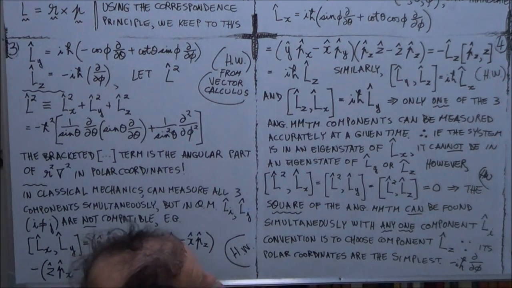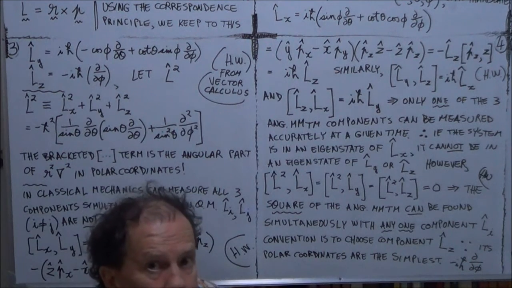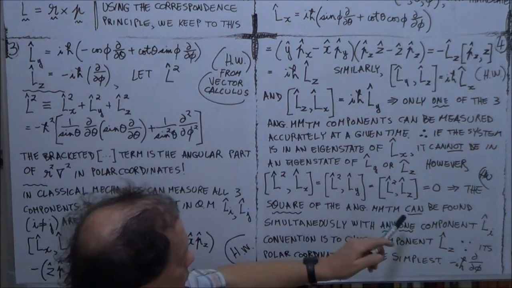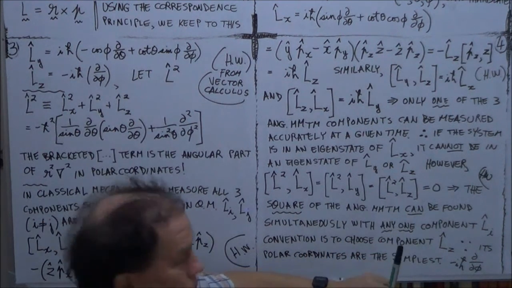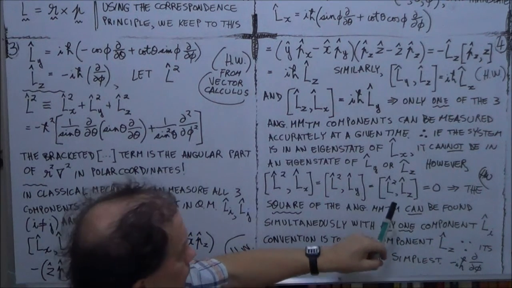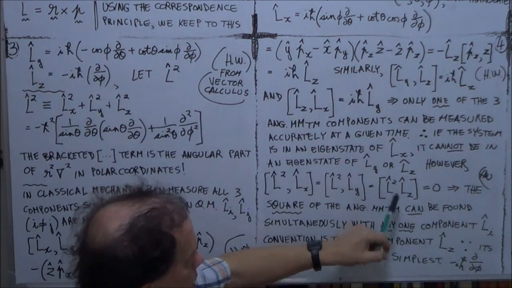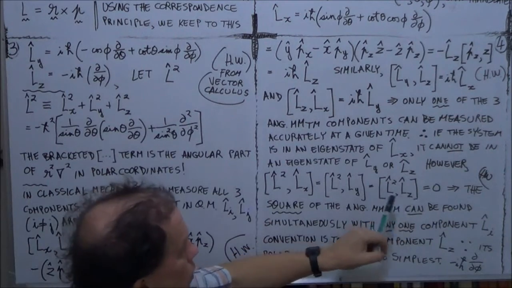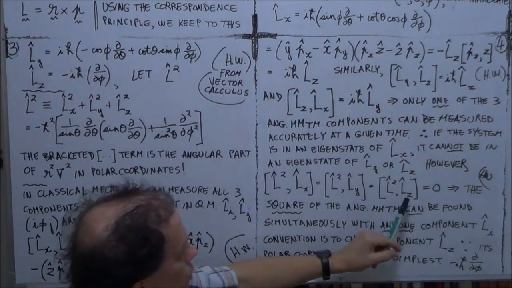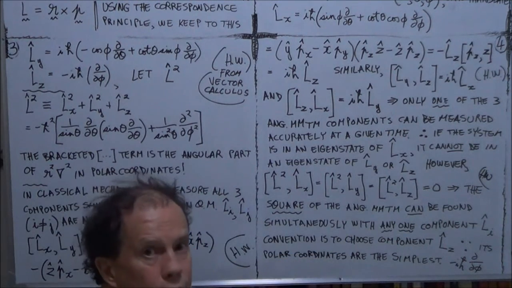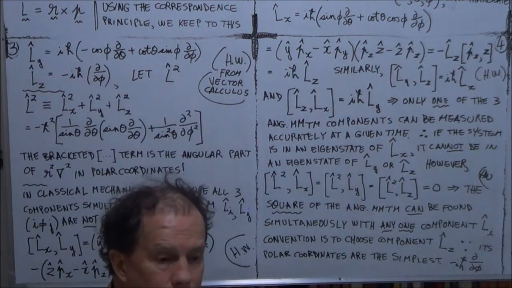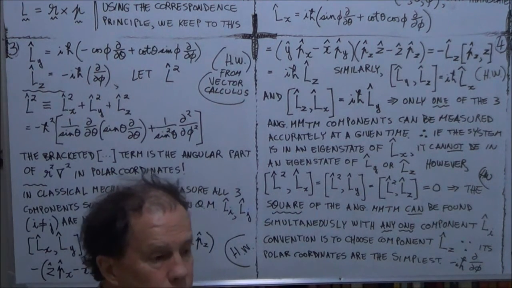Alright. Well, what we're going to do now is we now know by convention that we have two operators, L squared hat and Lz hat. These two operators commute, right? They commute. And therefore these two operators have the same set of eigenfunctions, right?